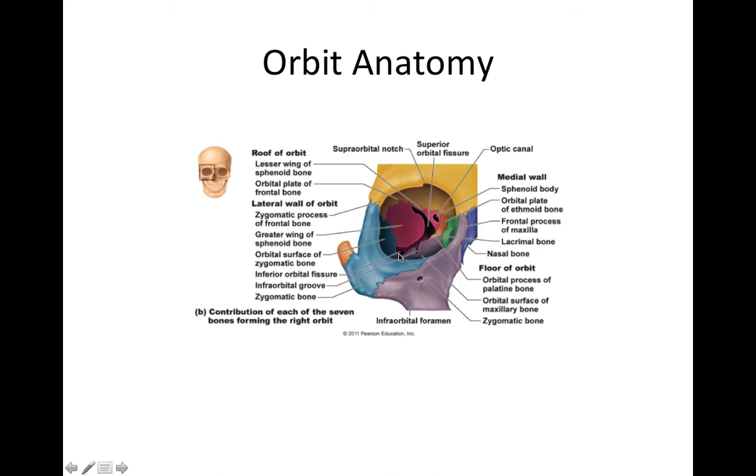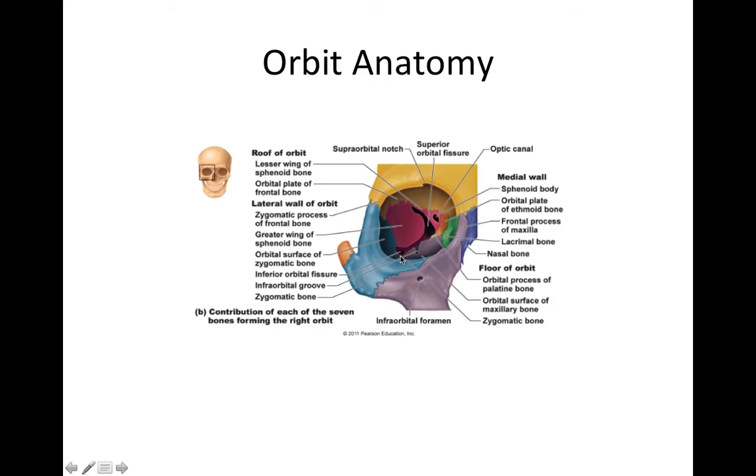This is continuous with the pterygopalatine fossa posteriorly and the infratemporal fossa inferiorly. An important nerve, the maxillary division of the trigeminal nerve, runs in the floor of the inferior orbital fissure, and it passes into the infraorbital sulcus and emerges onto the face at the infraorbital foramen. So imagine the nerve comes from this inferior orbital fissure.